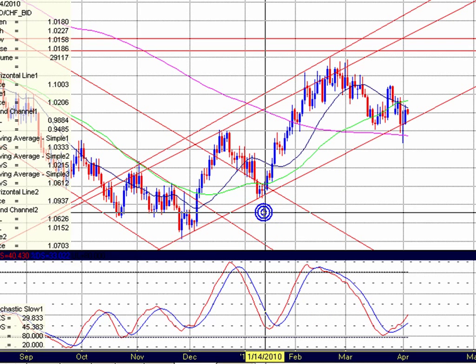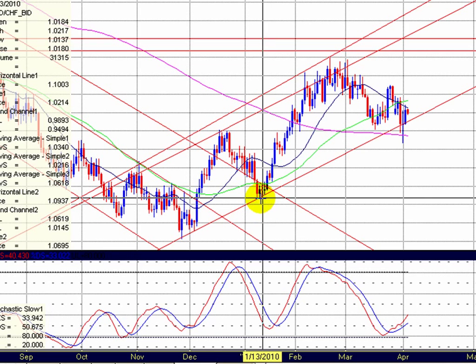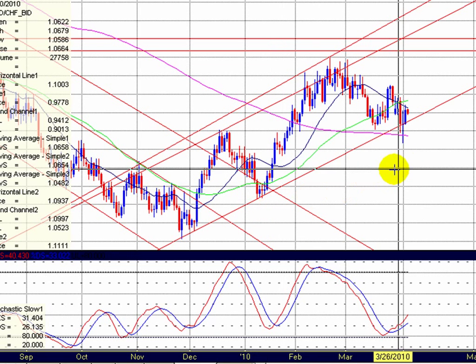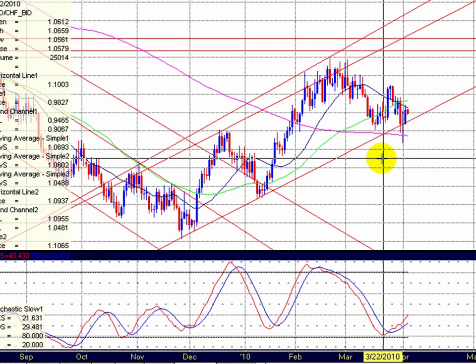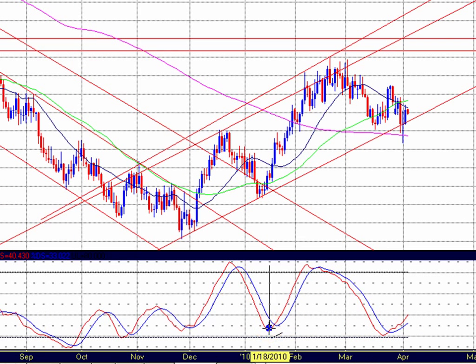Based on the price points here, this was your low, and between this low and this low here, this is a higher low on the price chart, followed by a lower low on the stochastics over here. This tells me that there is a continuation pattern in play.